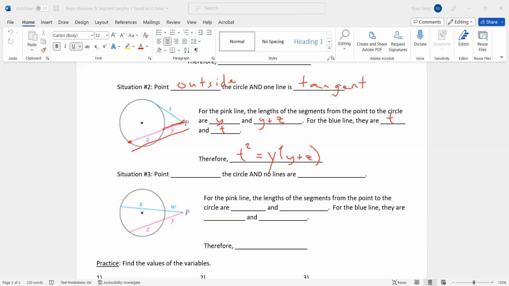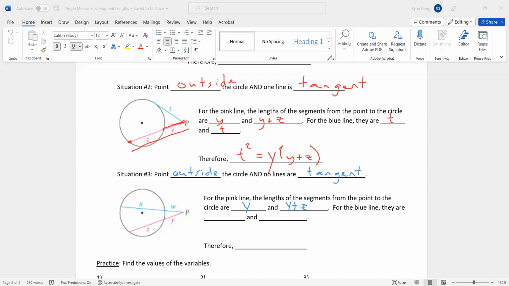Situation number three is, again, a point outside the circle and no lines tangent. For the pink line, the lengths of the segments from the point to the circle are Y and Y plus Z. That's the exact same as the previous problem. For the blue line, there's no tangent line here.